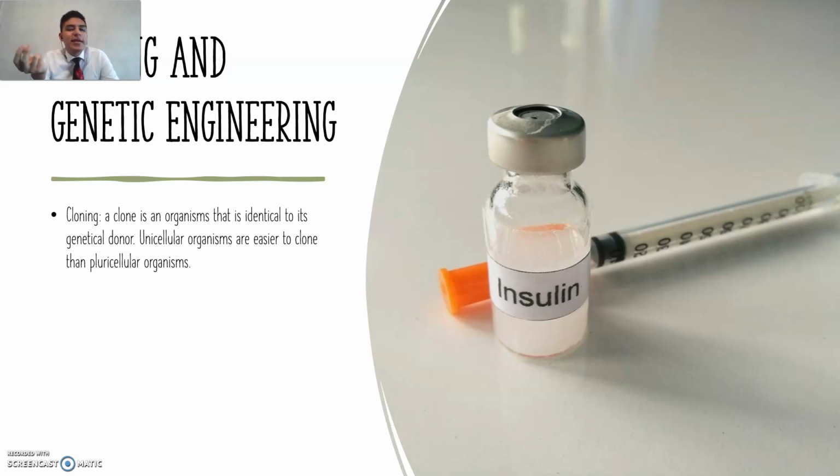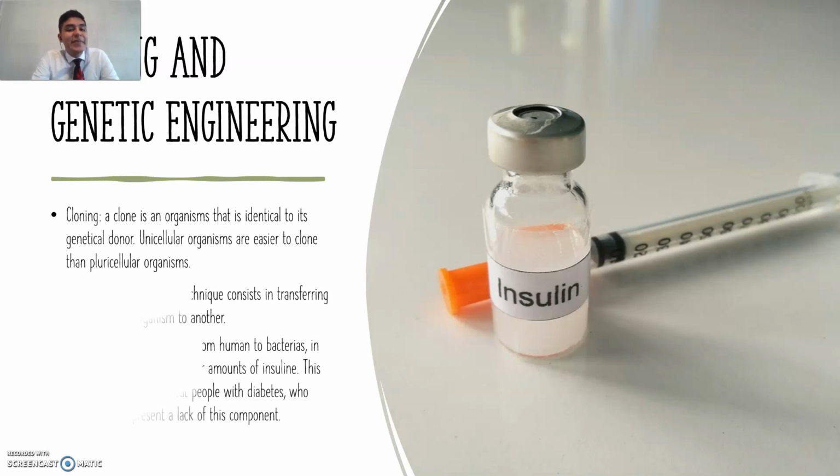The cell from the grown-up animal already has genetic information. When they introduce it inside the other cell and it starts multiplying, they are going to create an identical copy of the animal. So that's pretty much what cloning is like.